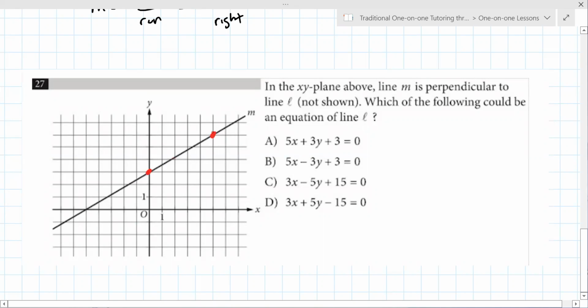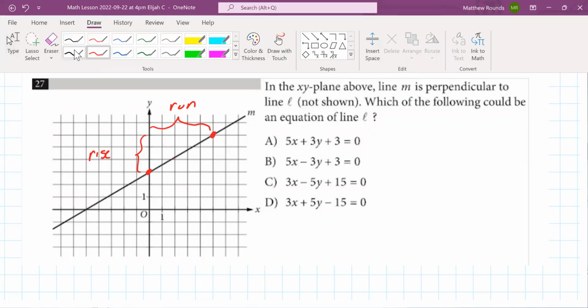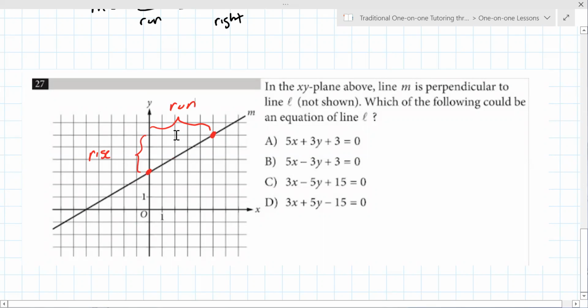And I know you're on a screen and all that, but try to give me what's the rise and what's the run? So rise would be 3 and run would be 6. So I'm counting 5 for the run. 1, sorry. 2, 3, 4, 5. So the slope of this line is 3/5. The rise is 3, the run is 5. Okay.